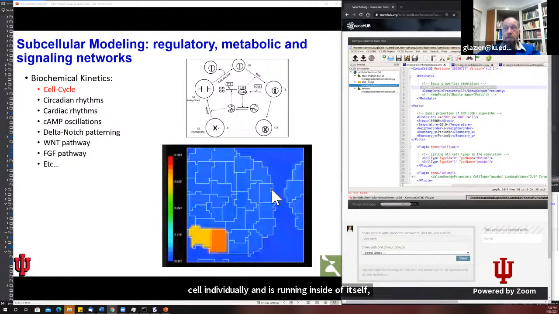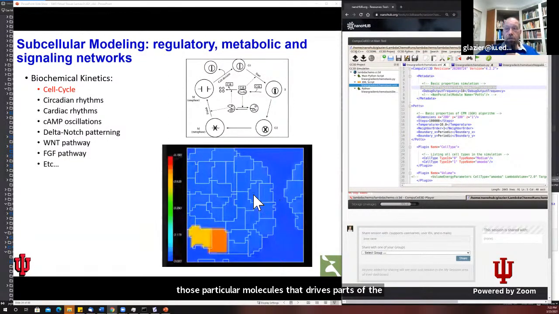In this particular case, one of the things that's interesting about that model is that one of the ways the cell cycle is driven is that as the cell grows, certain chemicals that are not made all the time during the cell cycle are diluted by the cell growth. And it's actually the reduction in concentration of those particular molecules that drives parts of the cell cycle.